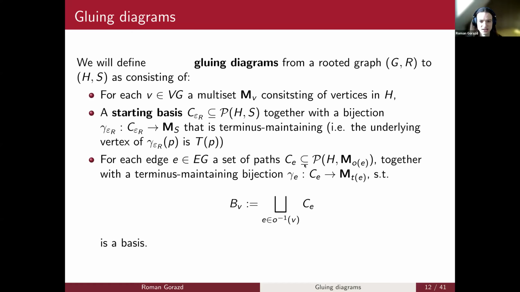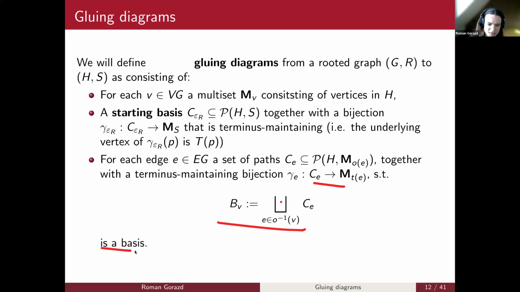And we want for every edge a set of paths together again with a terminus maintaining bijection, such that they are disjoint, they're independent, and its union is a basis.